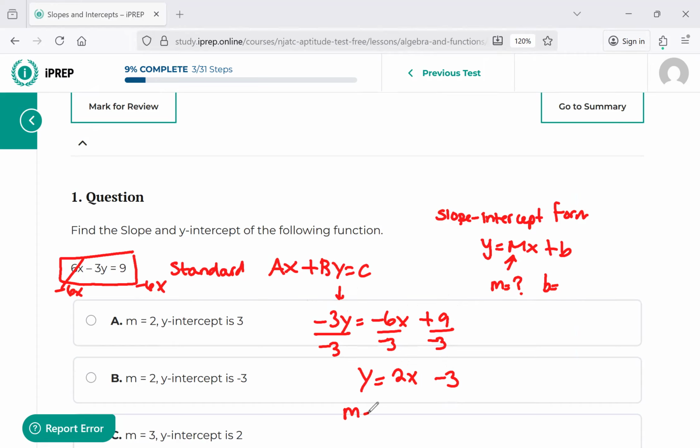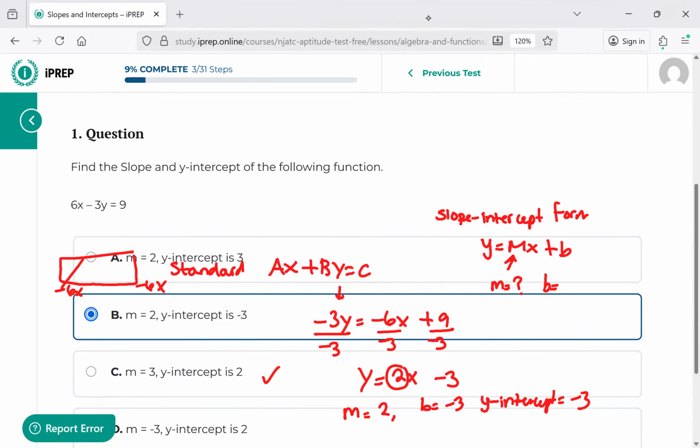If you have it in this form, the slope is always the number in front of the x, so my slope is 2. And my b is negative 3. B is the same thing as your y-intercept. So slope is positive 2, and y-intercept is negative 3. Looks like the second choice, right? Good job.